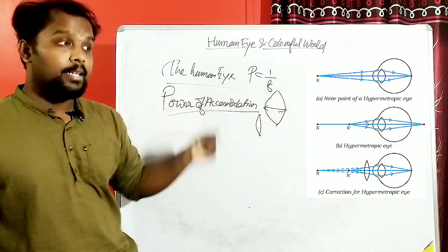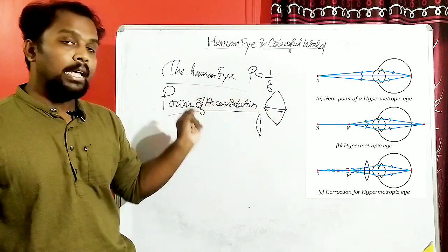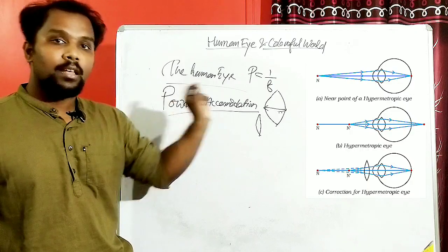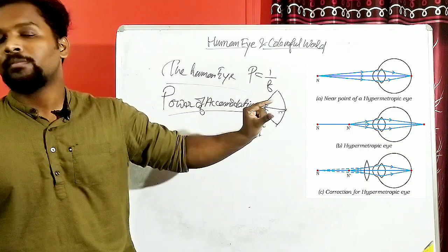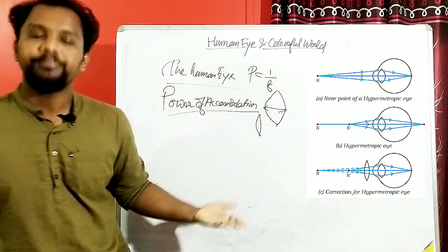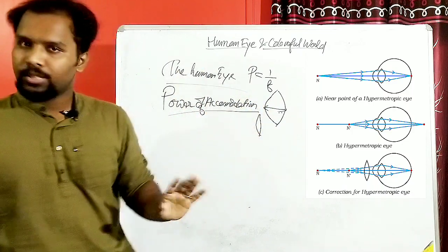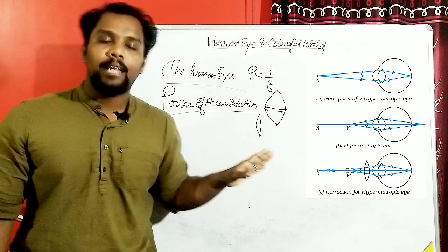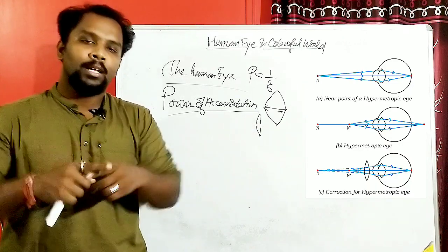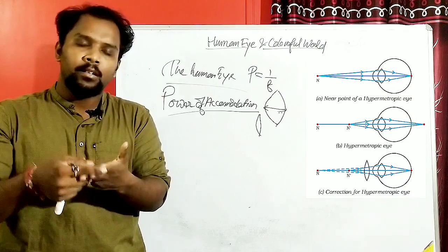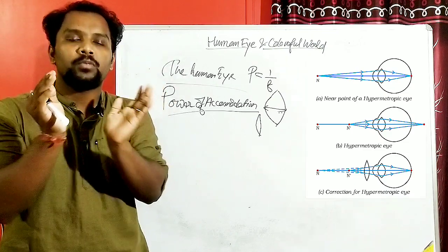But in the second image, when that least distance is now 25 centimeter, that image is going to form beyond the retina, right? Simple fact. And this defect occurs due to two reasons. One, when the focal length increases, and secondly, when the eyeball becomes small.